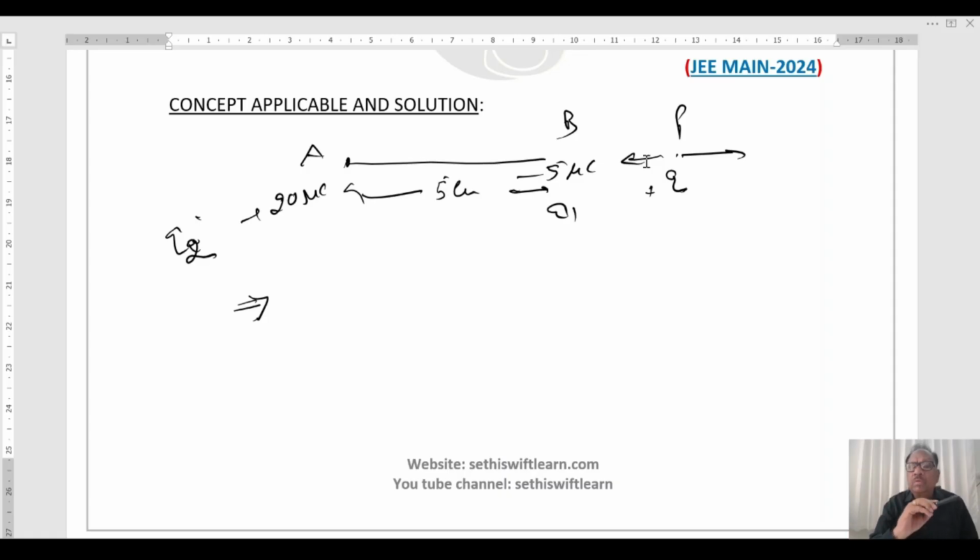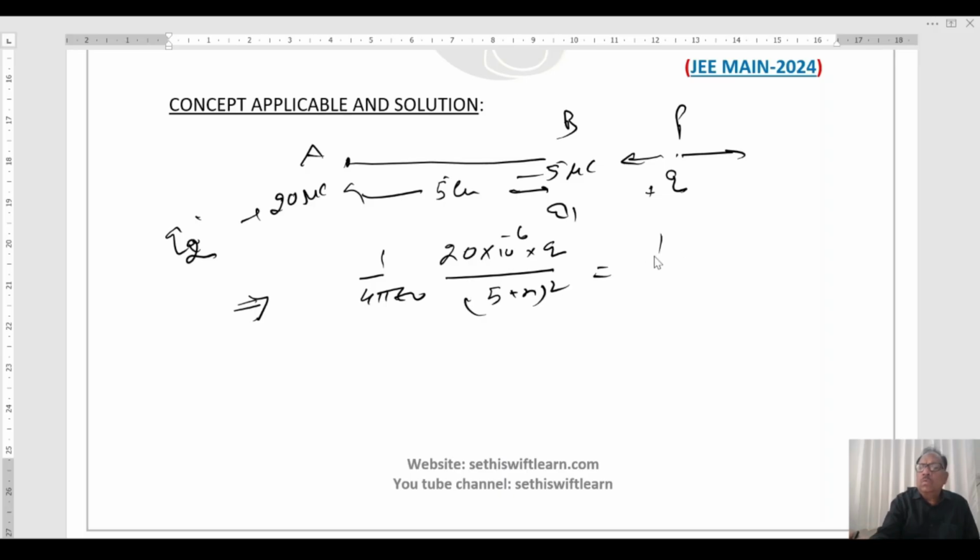In that case, 1 over 4 pi epsilon naught, 20 into 10 to the minus 6 into Q upon (5 plus x) whole square equals 1 over 4 pi epsilon naught, 5 into 10 to the minus 6 into Q upon x square.